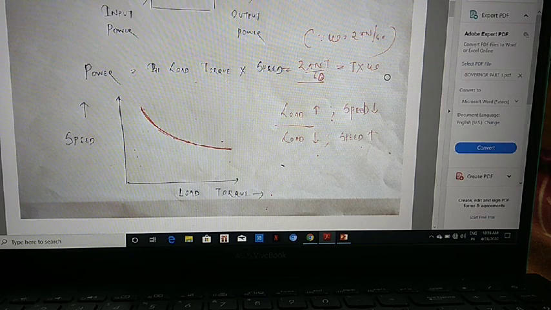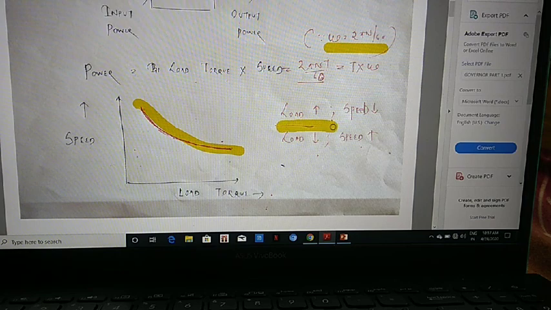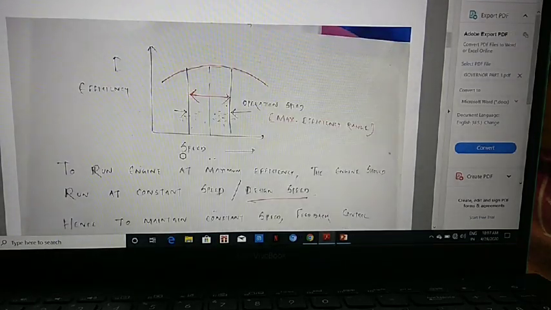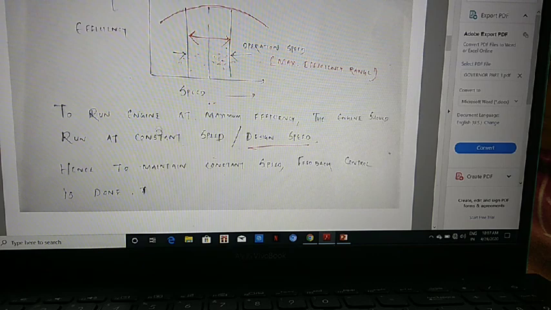So we can say this is T into omega, and omega is nothing but 2 pi N by 60. If we see the graph between the loading torque and the speed, it is like this. That means if the load increases, the speed will decrease, as depicted here, and if the load decreases, the speed will increase. So they are inversely proportional to each other.